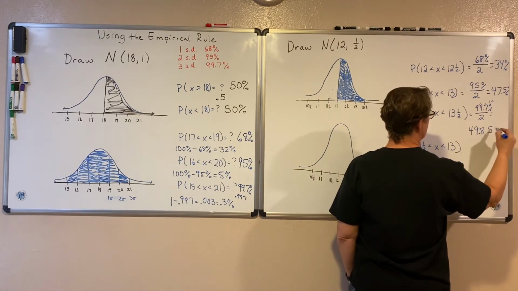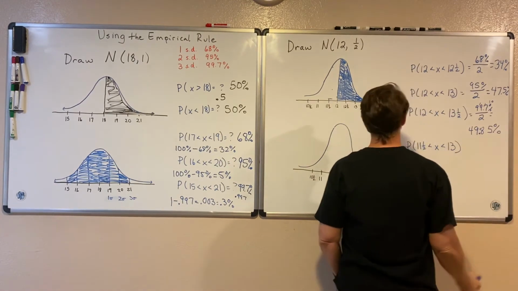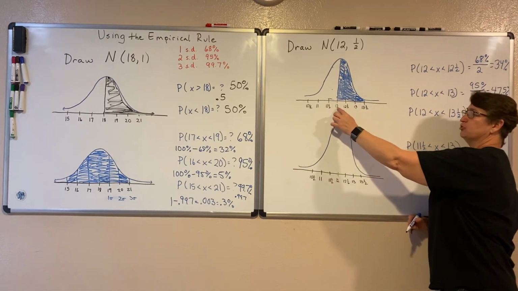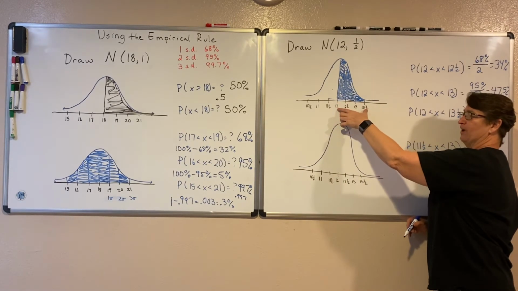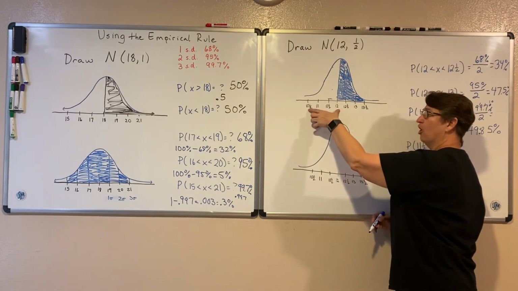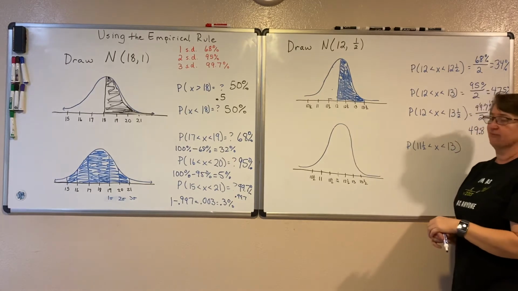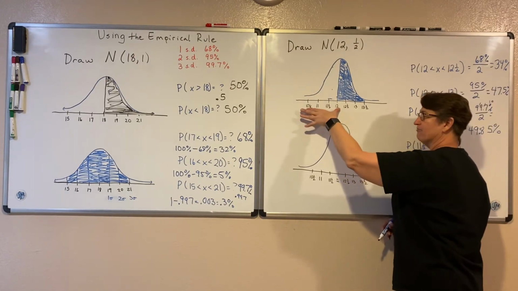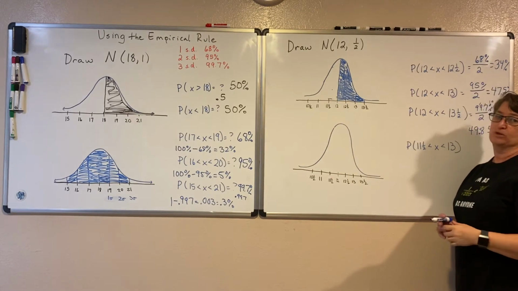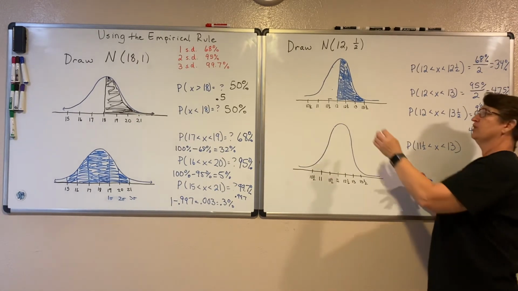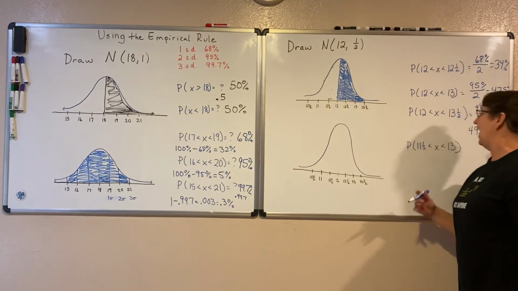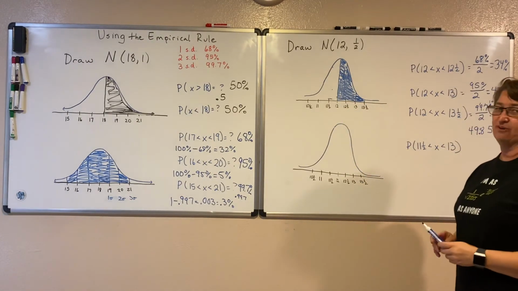So 49.85% of my data lies between 12 and 13.5. That means that between 10.5 and 12 is also 49.85. If you take that 49.85 and add it to that 49.85, it's 99.7%. So the probability I get something between 12 and 13.5 is 49.85.